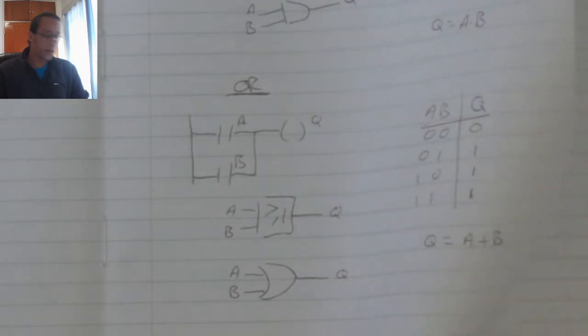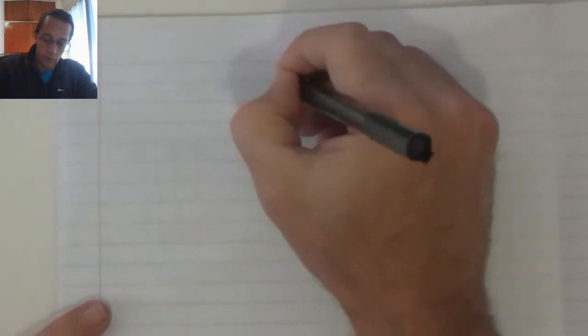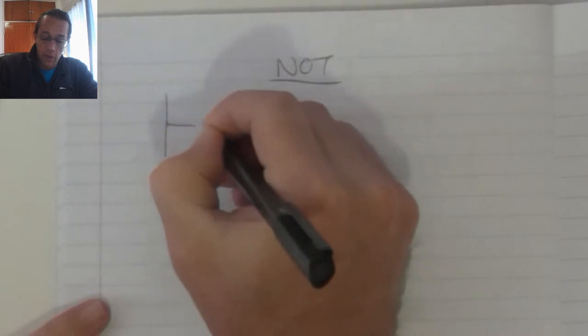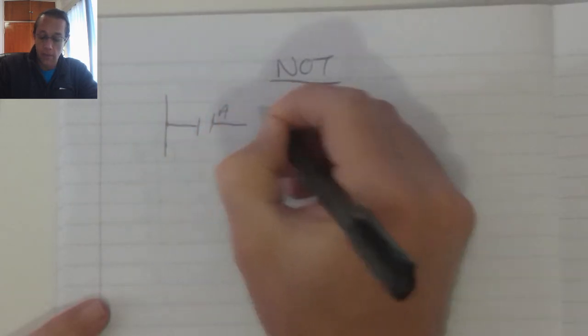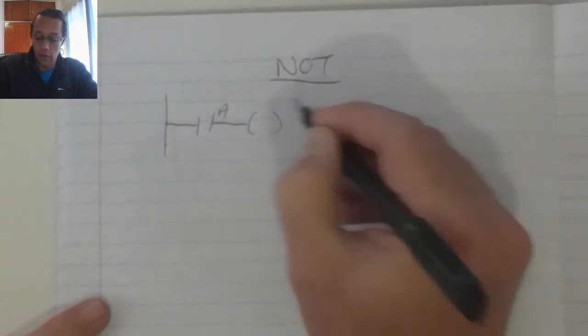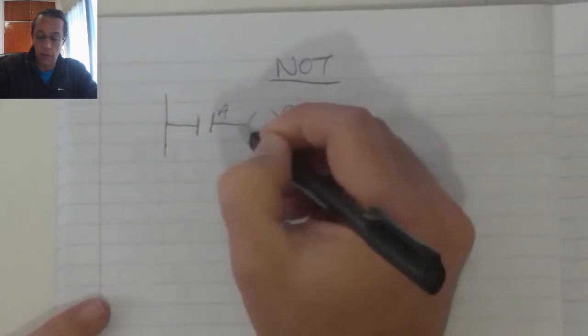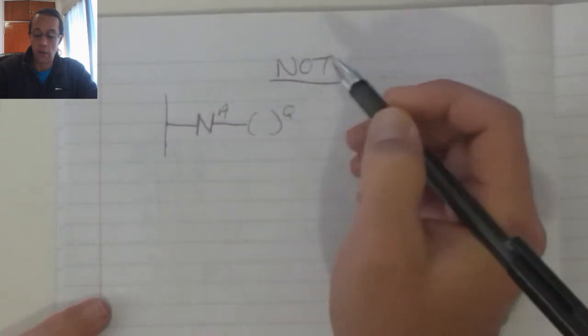Now the NOT function, or the invert function. We're taking our input, say A, and we're connecting it to Q, but instead of taking the input like that, we use that symbol.